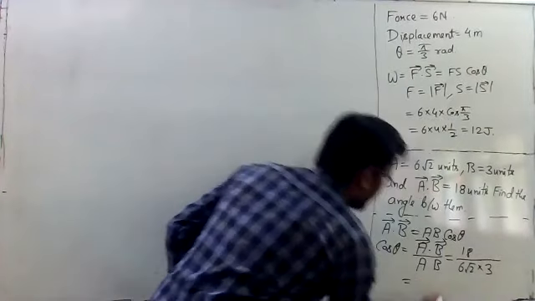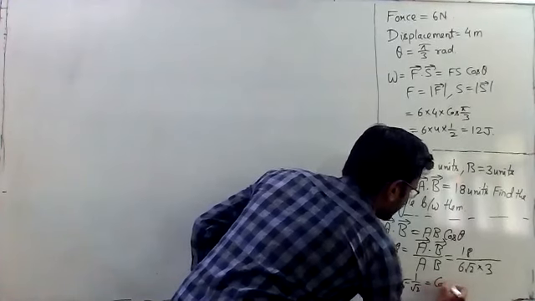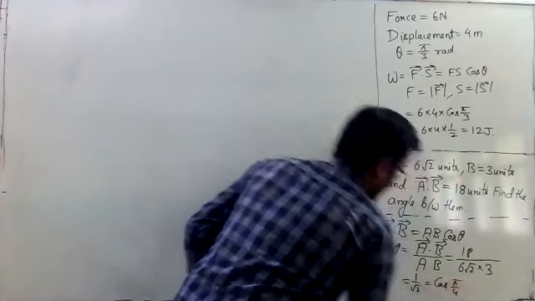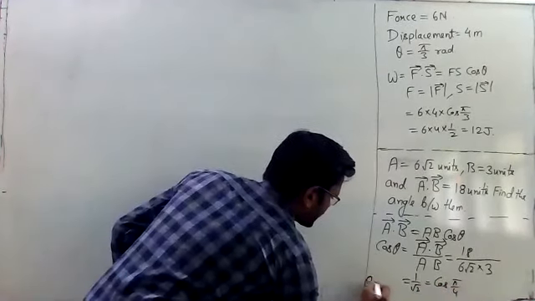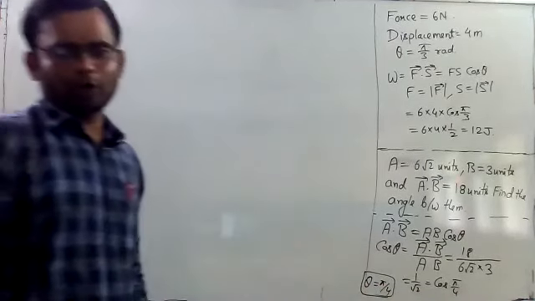So what are we having? We are having 1 by root 2, which is equal to cos of pi by 4. So I am having theta as pi by 4. Theta is going to be pi by 4.